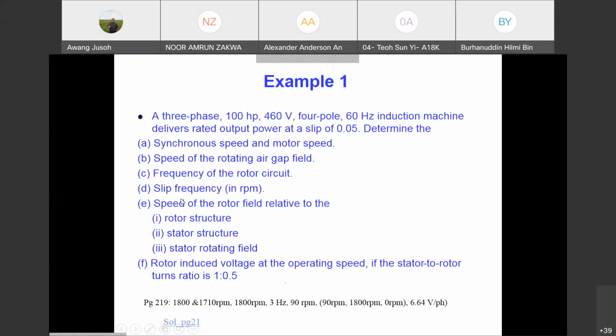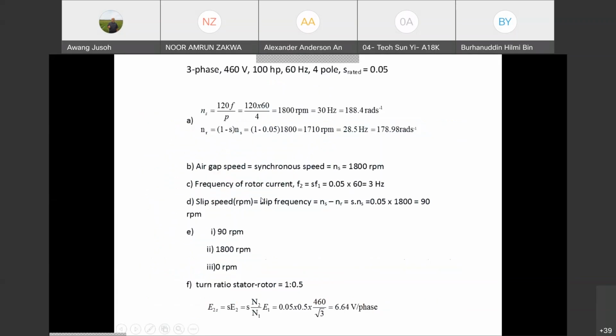Slip frequency, what is slip? Basically this example is more on definitions. Slip is the difference between rotor speed and synchronous speed. This is the formula. So slip speed equals slip frequency, the same. You can say slip frequency or slip speed equal to Ns minus Nr, or s times Ns.